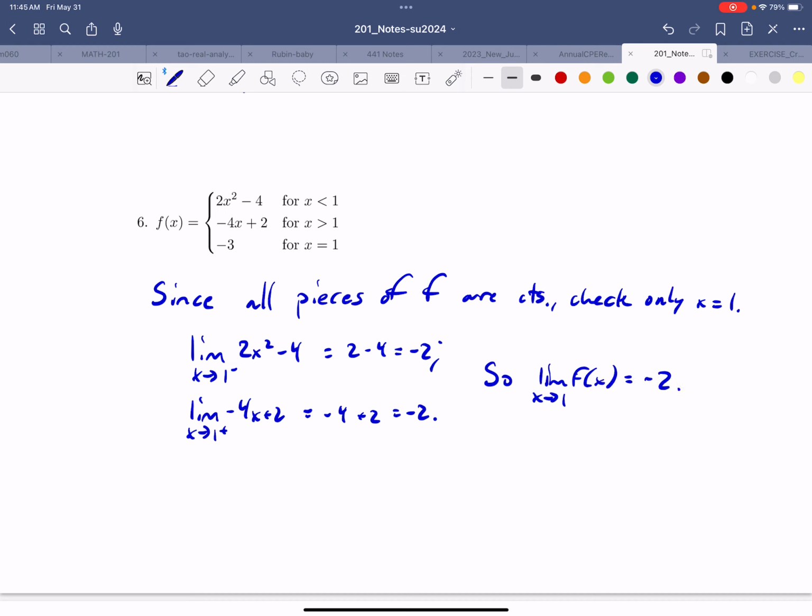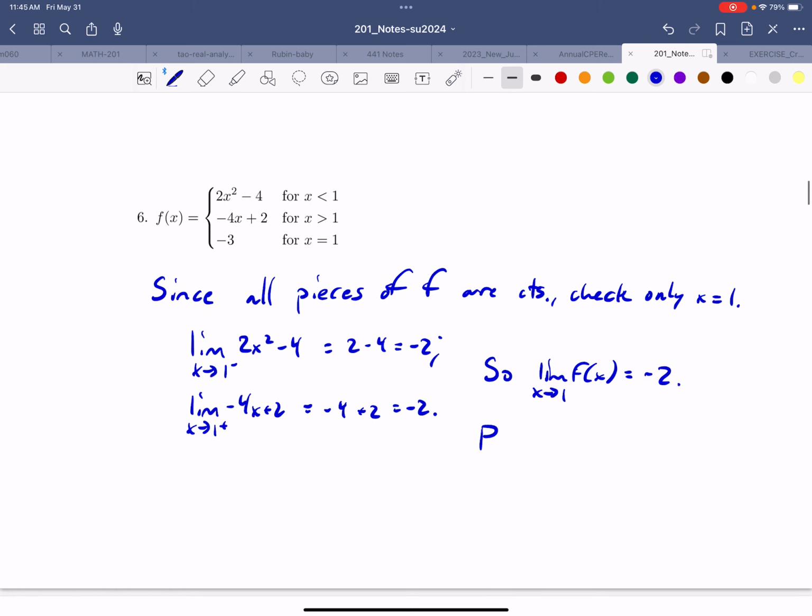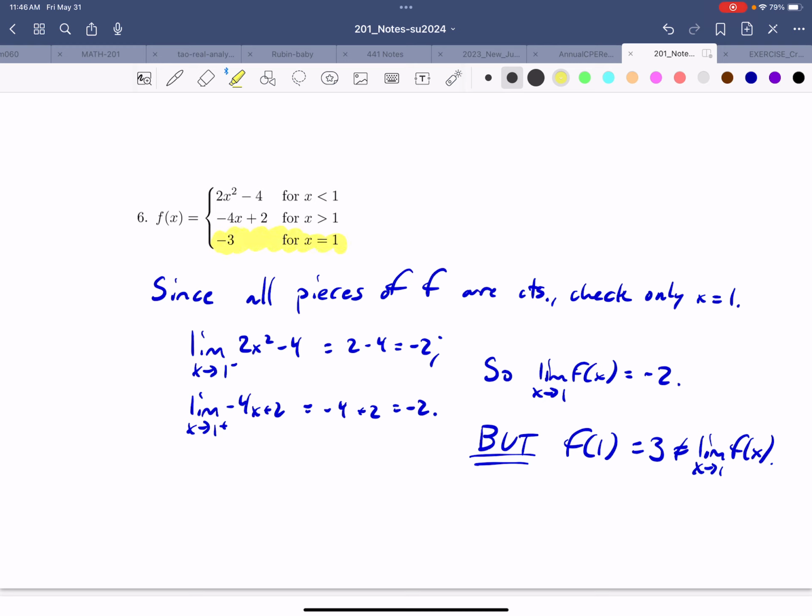So f is continuous at 1, right? Yeah, if I ever ask a question like that, then that means the answer is no. But f of 1 equals 3, which does not equal the limit as x approaches 1 of f of x. Right? So please, please, please be careful about that.